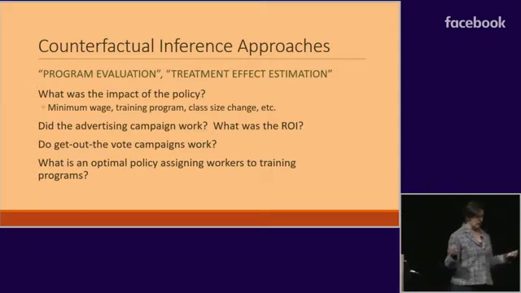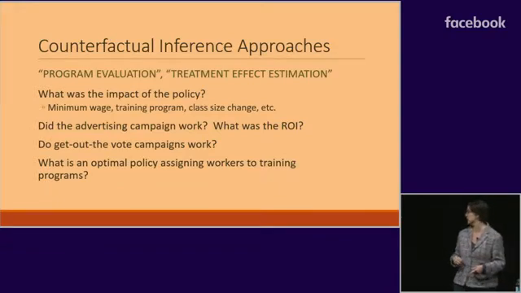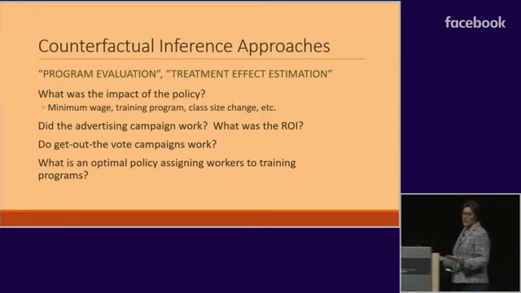And there's an economist friend of mine at Netflix who's doing a ton of this, and basically, Netflix is amazingly good at estimating the return on investment of their advertising using a lot of randomized experiments and also bringing together observational data with experimental data. And so we have questions like, did the advertising campaign work, and what was the ROI?